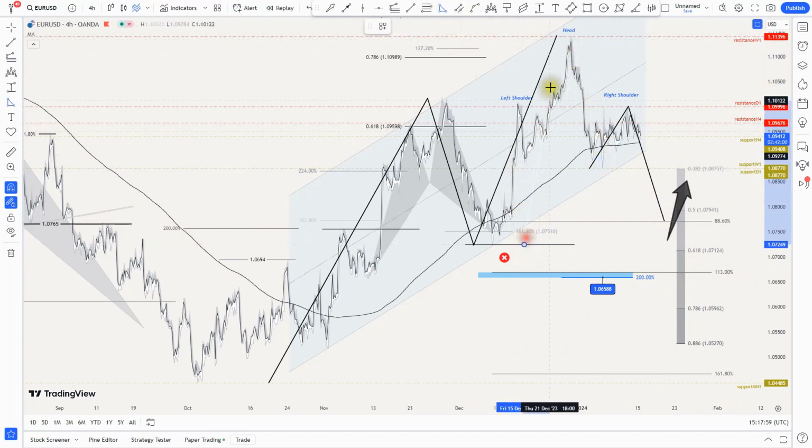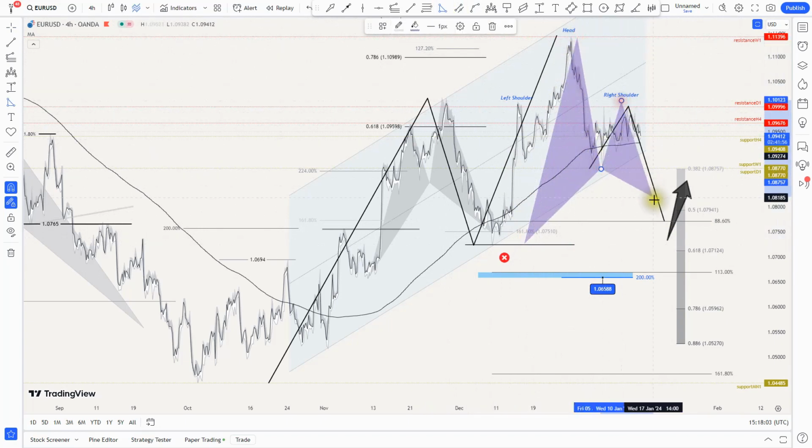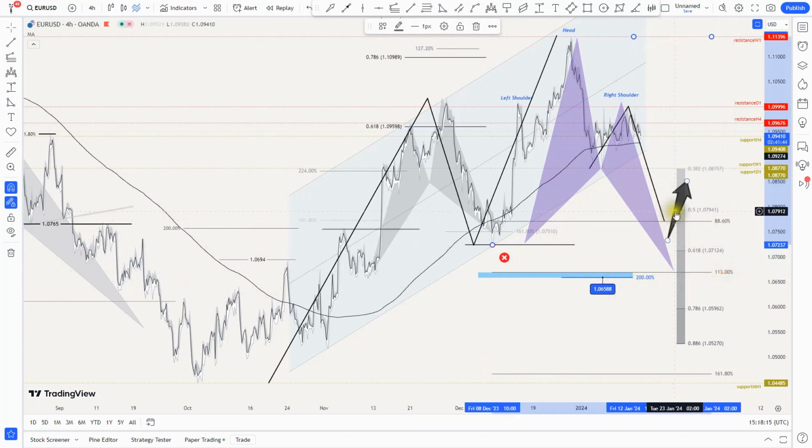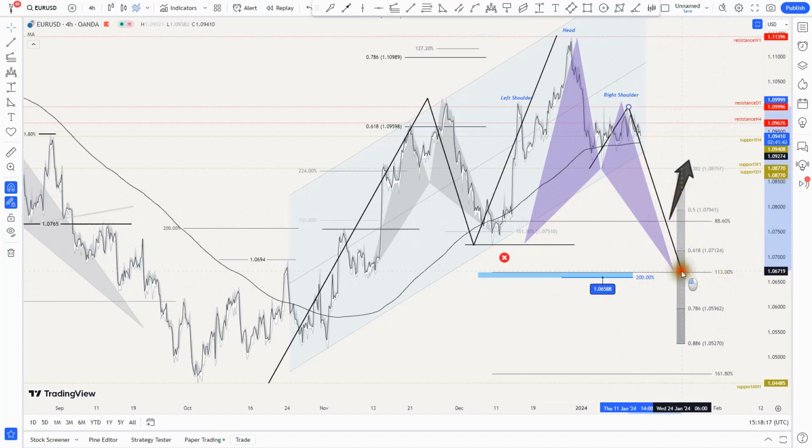Usually I like to search for those patterns at highs or lows of a structure. So when I see a situation like this, I always prefer to wait for a push below this fractal support and wait for the formation of the bullish alt bat pattern, instead of looking for the default bullish bat pattern, the default M shape. I want to see a push, an extension to the 113% Fibonacci extension level, and then I will consider that move to the upside.